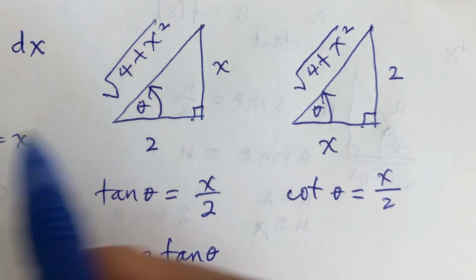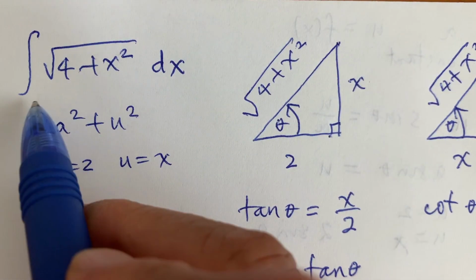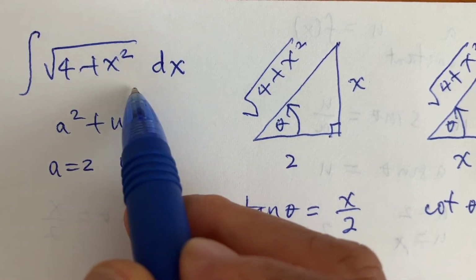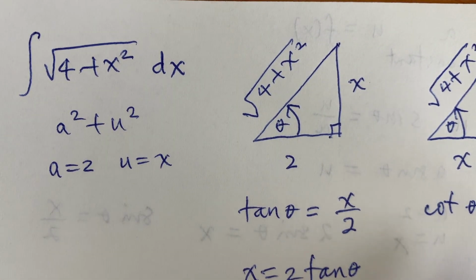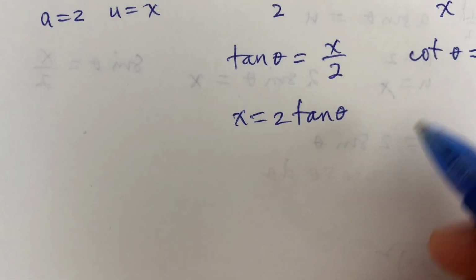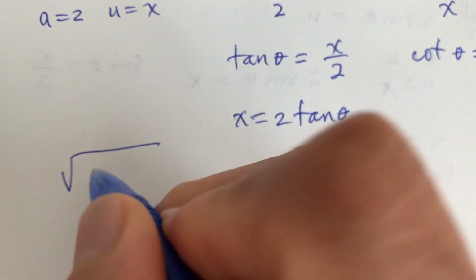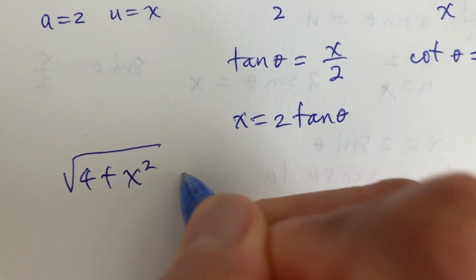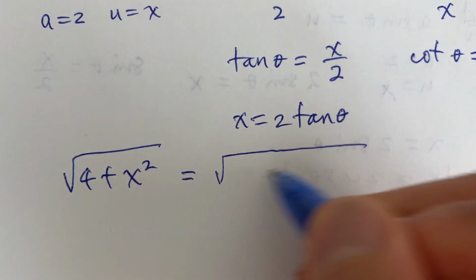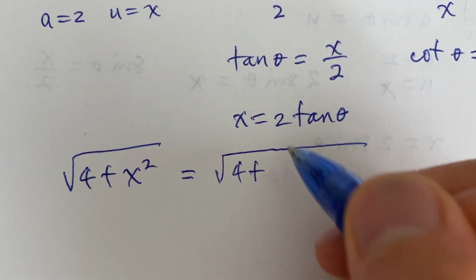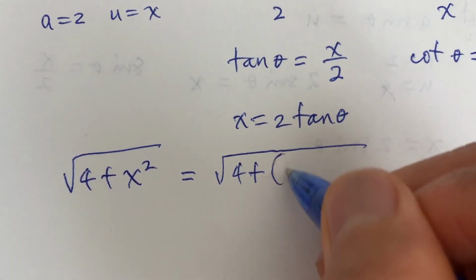And our goal is to rewrite this original integral without the square root sign. So how do we do that? Here we go. The square root of 4 plus x squared will now be written as the square root of 4 plus, in place of x, I will put 2 tangent theta.